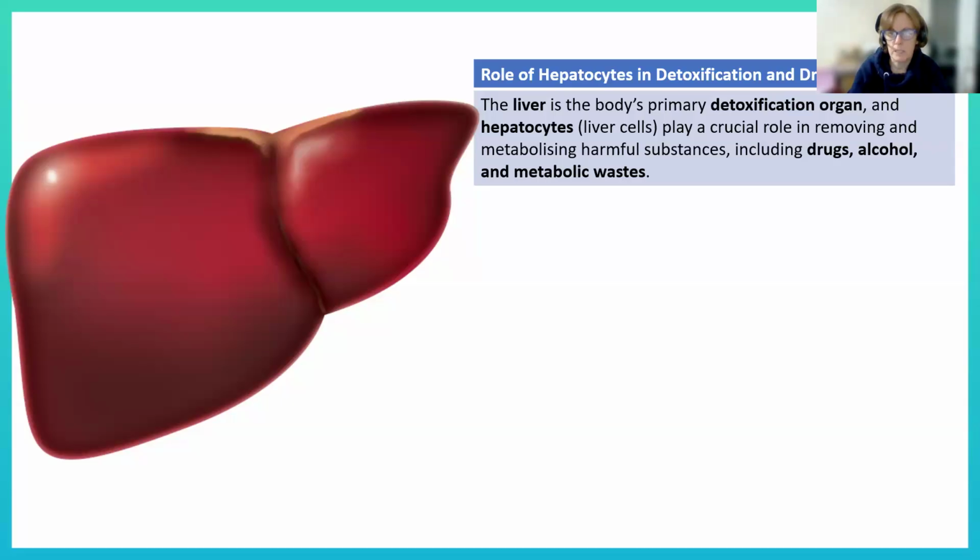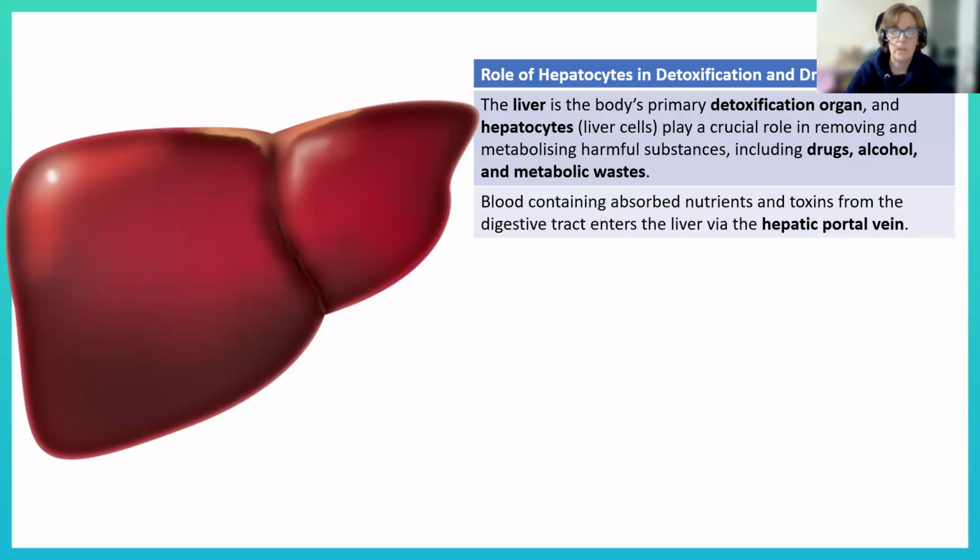So it detoxifies drugs and alcohol. Drugs could mean medical drugs, it's not just recreational drugs, because they often have quite a lot of side effects as well and need to be broken down. So the hepatocytes, the specialized liver cells, play an important role in metabolizing these substances: drugs, alcohol, and waste.